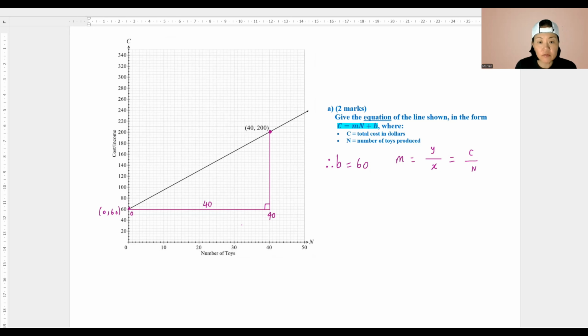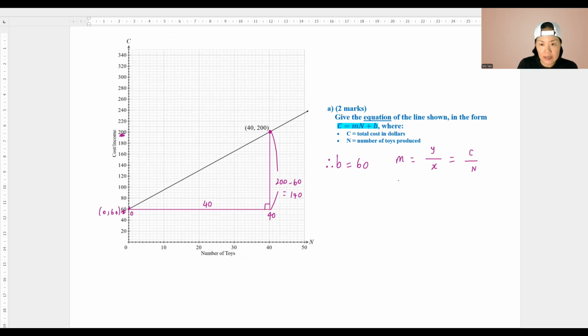Now that's my run. My rise, the change of my y-axis, which is the cost, starts from 60 and ends up at 200. So it's not really 200, it's actually from here to here: 200 take away 60, which is 140. 140 is my rise.